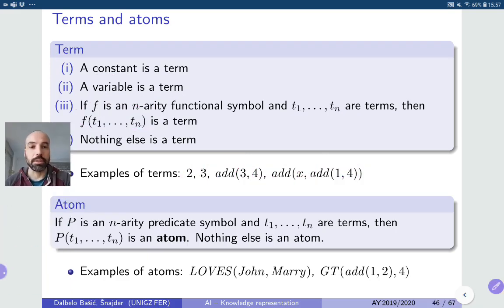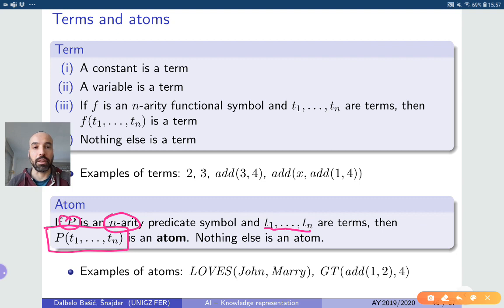Then there are atoms. An atom is when we apply a predicate to a sequence of terms. So if P is a predicate symbol taking n arguments as input, and if t1 through tn are terms, then P applied to these terms, sequenced and enclosed in parentheses, is an atom, and nothing else is an atom.